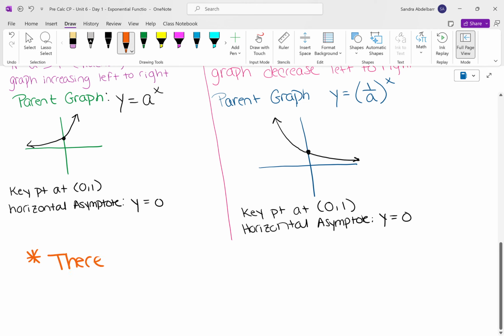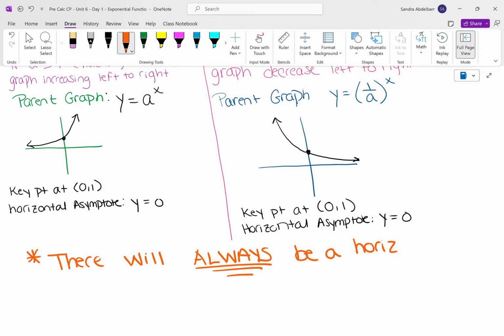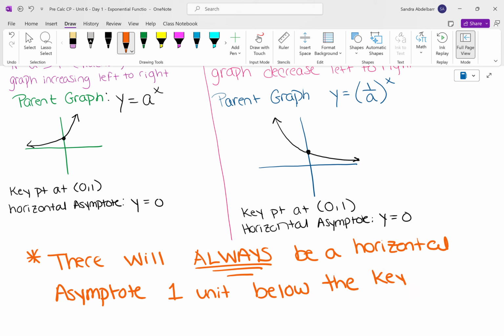We're going to put a star and we're going to write, there will always be a horizontal asymptote 1 unit below the key point.